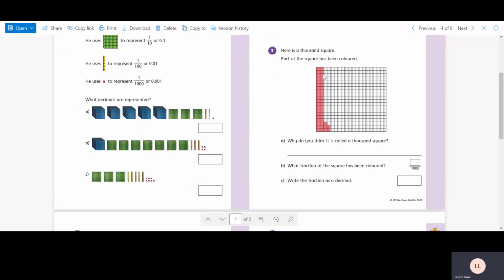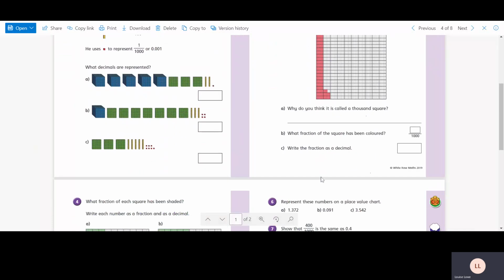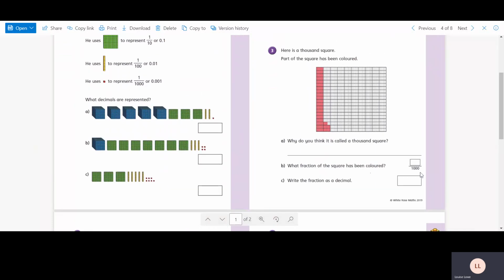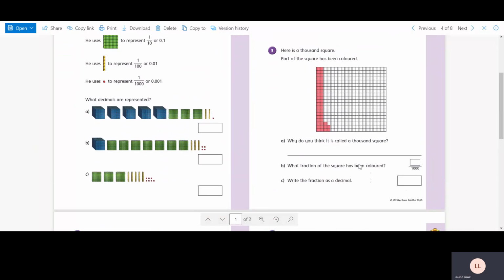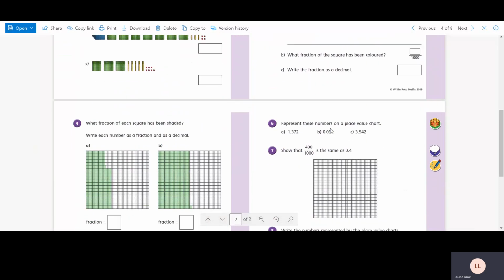So remember, when you're counting each of those, it's a 10. 10, 20, 30, and so on. First of all, explain why you think it's a 1,000 square, which I've just gone over. What fraction of the square has been coloured as 1,000ths? What fraction do you think has been coloured, and then write it as a decimal. Think about your place value chart and where the thousandths would sit on that chart.